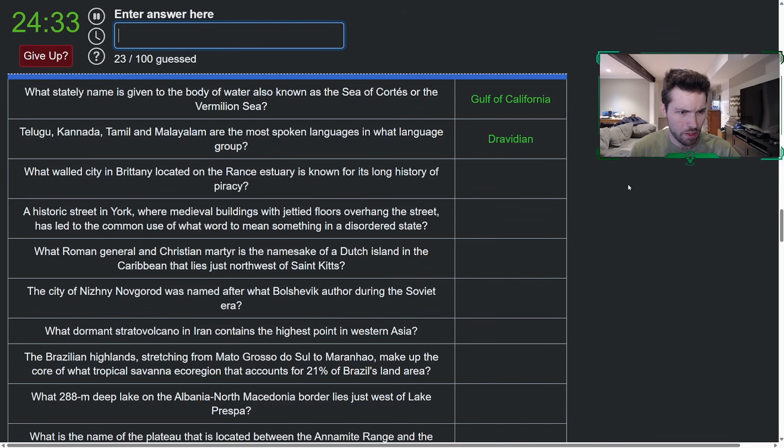A historic street in New York where medieval buildings with jettied floors overhang the street has led to the common use of what word to mean something in a disordered state? What? Dude. Okay. I feel like this is going to be really hard to get if you don't know the street. Something in a disordered state.